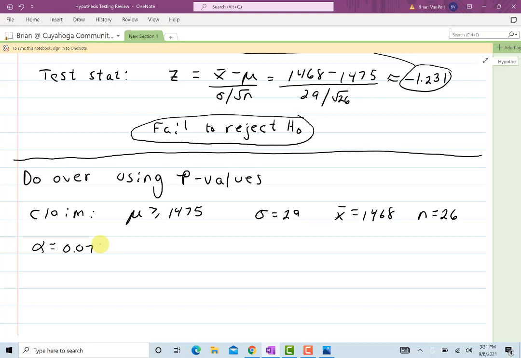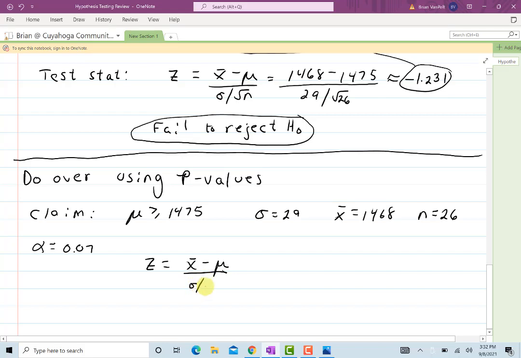So in this situation, it's a little bit different. We're going to once again calculate the statistic as we did before. So I'll put this so it's complete. That was 1468 minus 1475 all over 29 divided by the square root of 26. Negative 1.23.